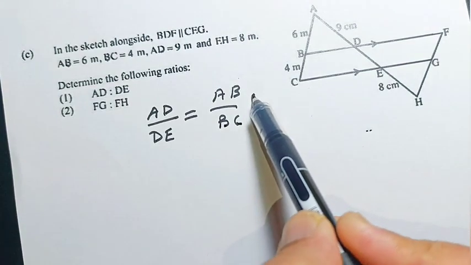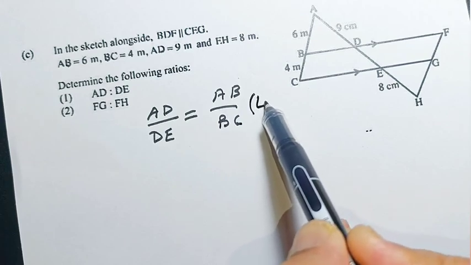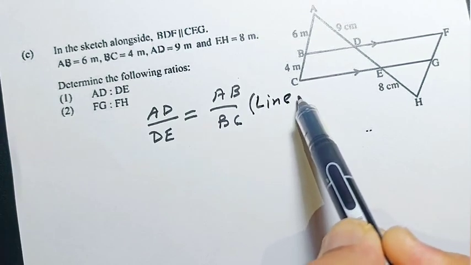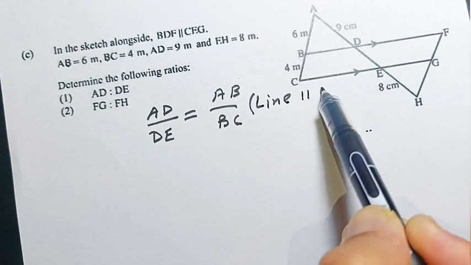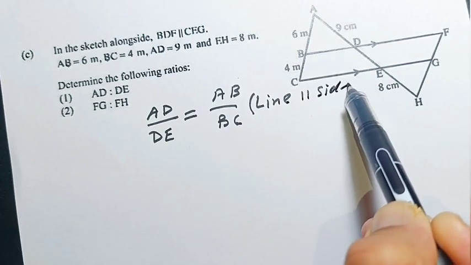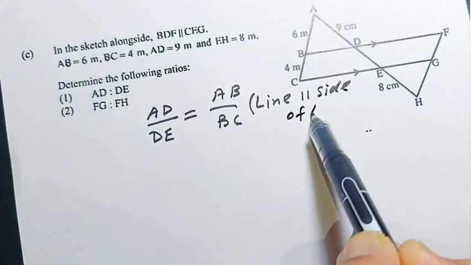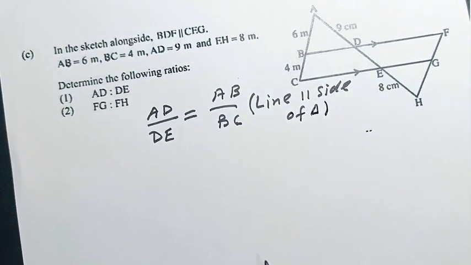Line parallel to a side of the triangle.